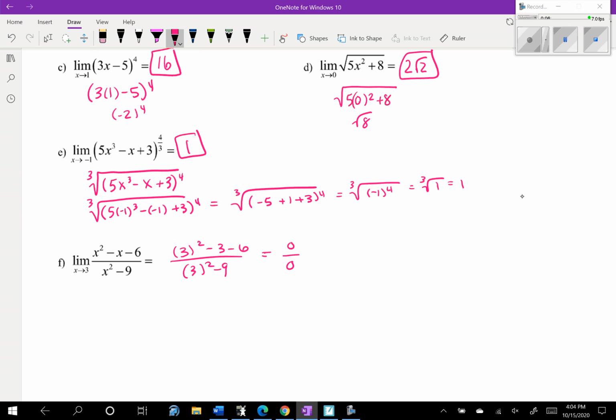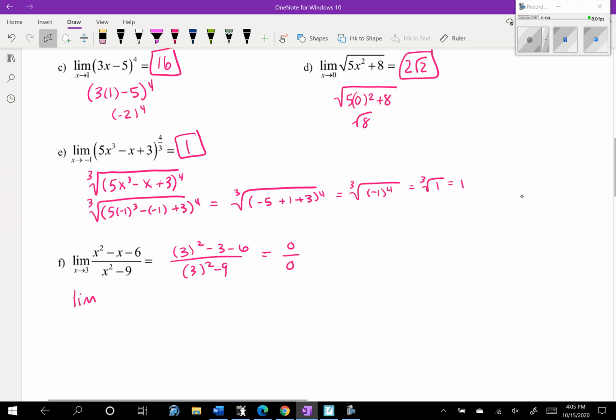If you end up with 0 over 0, that means you have a common factor between the numerator and denominator that you can cancel out, which we learned when we talked about graphing rational functions. So there is some algebra I can do to cancel out that common factor and see if it's a hole in my graph, because if it's a hole, that means I can actually find the limit. So for this, we just need to use our algebraic skills.